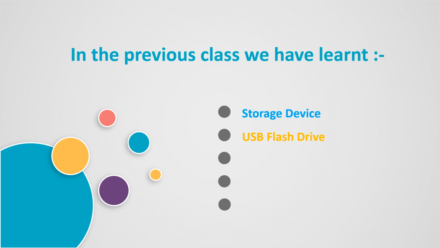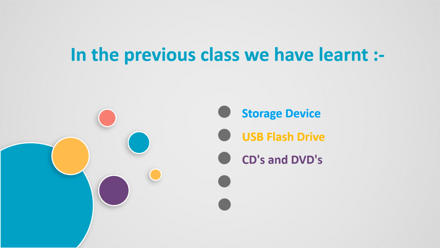USB flash drive. USB flash drive is an example of storage device. It is a small storage device used to carry data or transport files from one computer to another computer. CDs and DVDs. CD refers to compact disc and DVD refers to digital video disc.